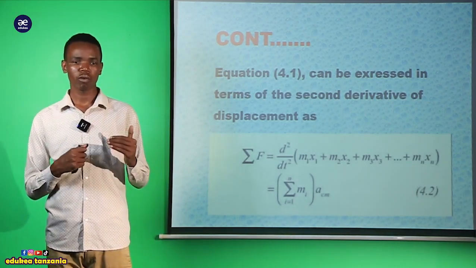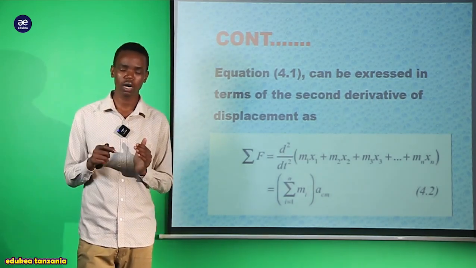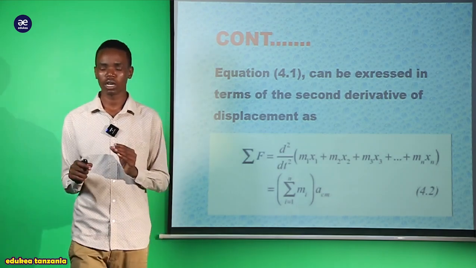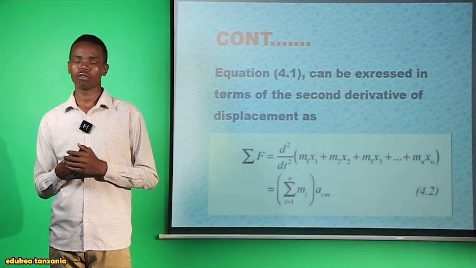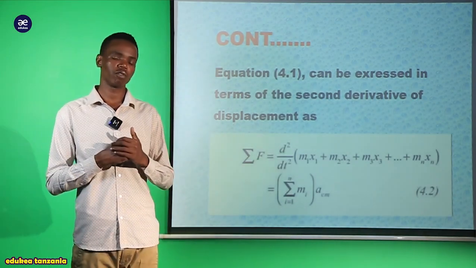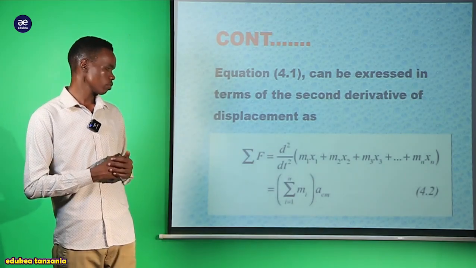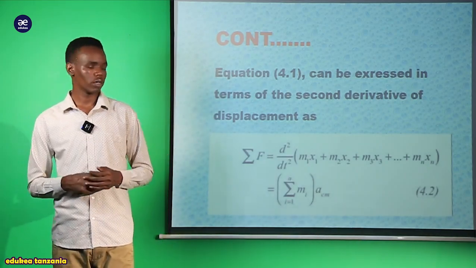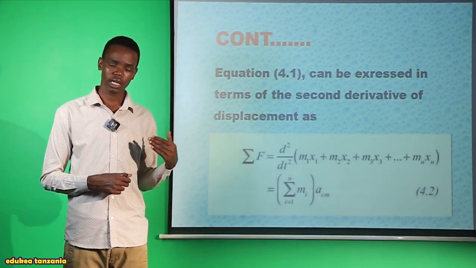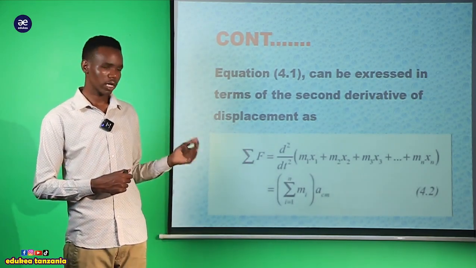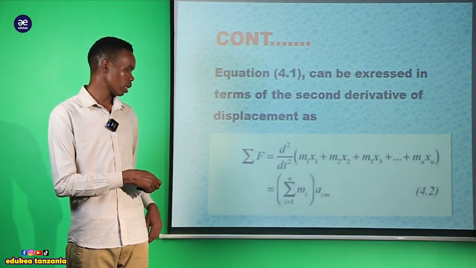Instead of writing acceleration, we know acceleration is equal to d squared x over dt squared. So let us formulate it in terms of the second derivative of the displacement. The summation of the force must be equal to the second derivative of the displacement of mass 1.